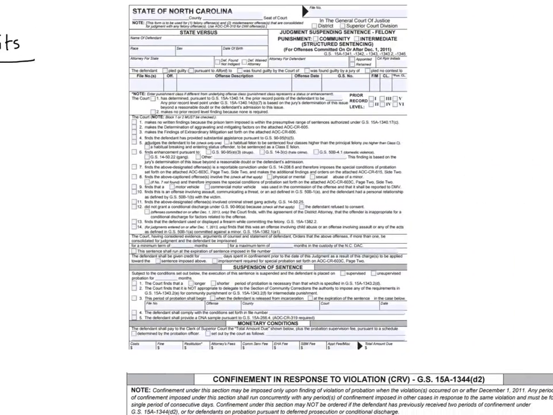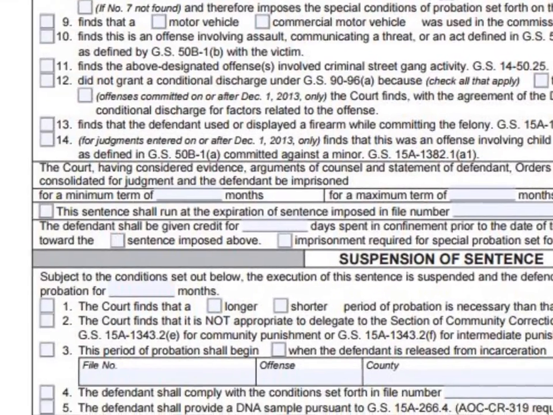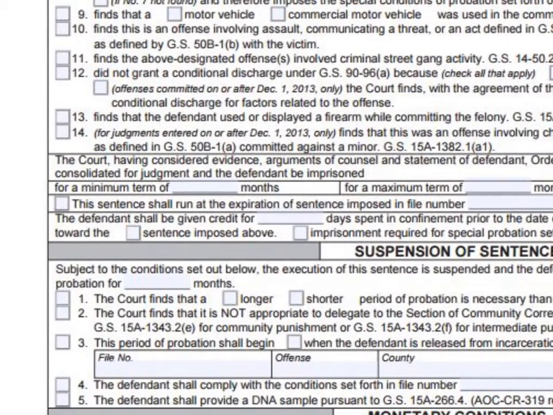On the suspended sentence judgment form, if you look at the jail credit portion, you can see our defendant shall be given credit for 8 days of confinement prior to the judgment, and the judge gets to choose whether to apply that toward the suspended sentence, our 6 to 17 months, or toward the imprisonment required for special probation.